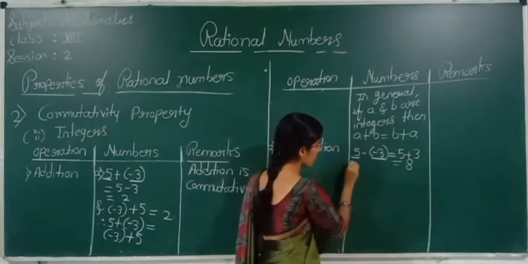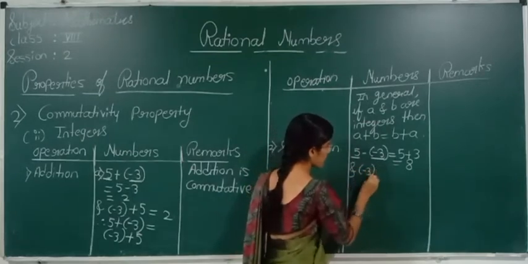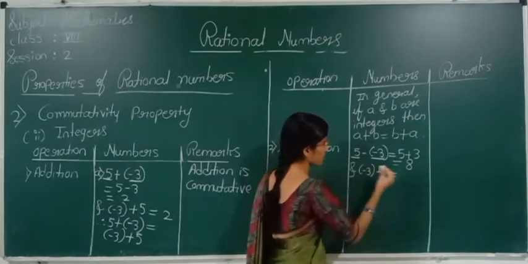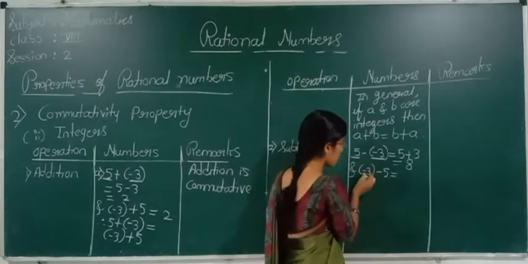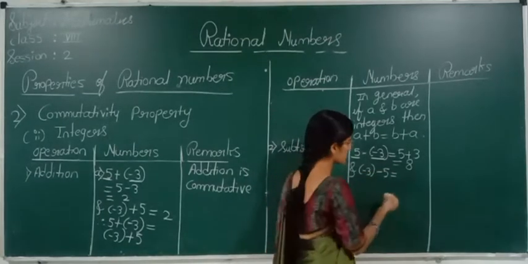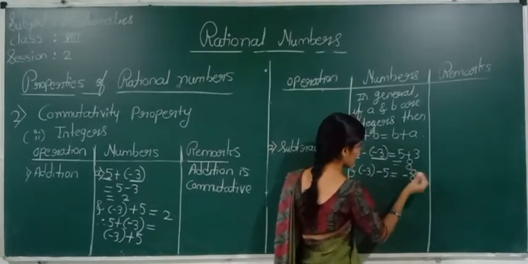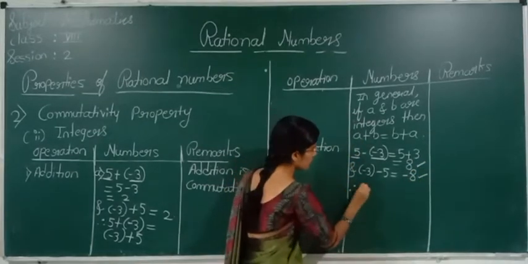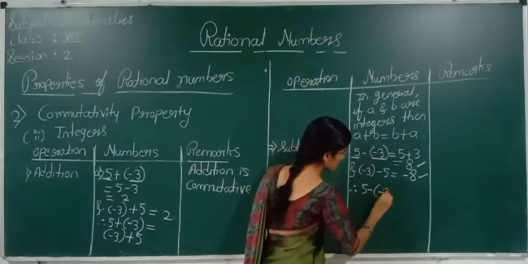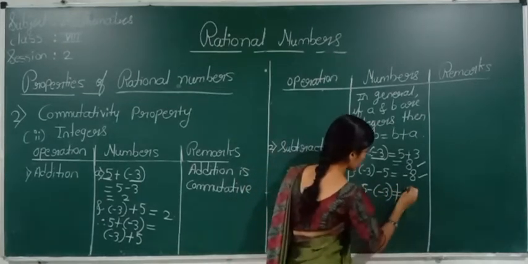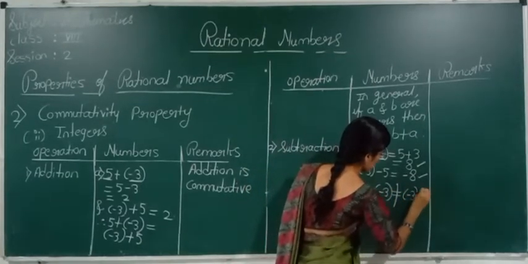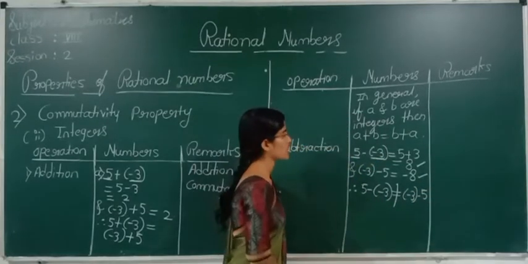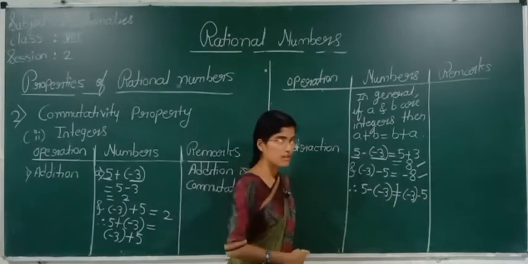Now we will check for b minus a. Okay, what is minus 3 minus 5? Minus 3 minus 5 is minus 8. Is this the same? No. Therefore, 5 minus of minus 3 is not equal to minus 3 minus 5. What can we say here?